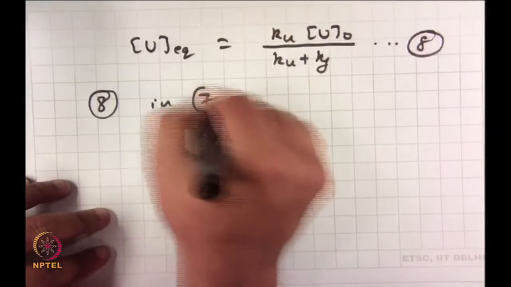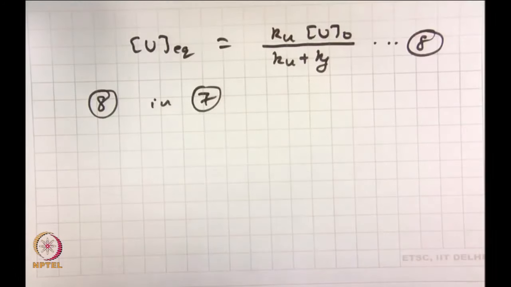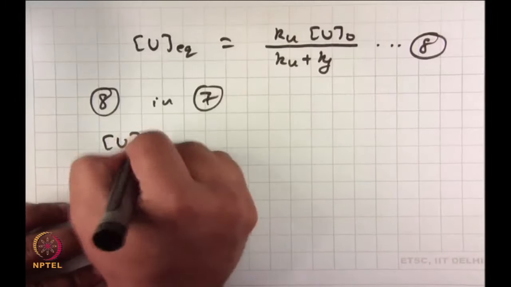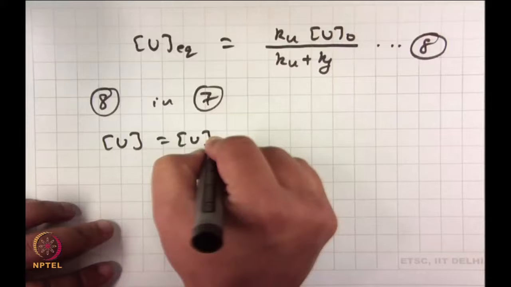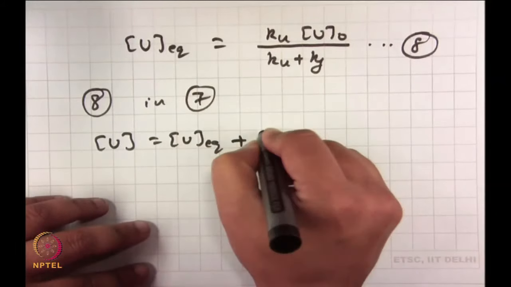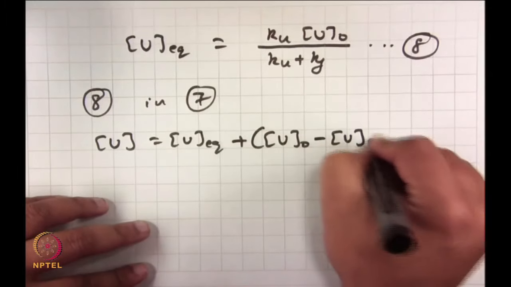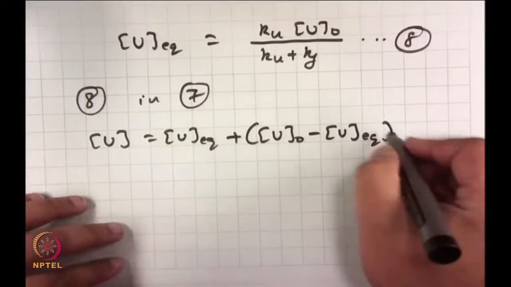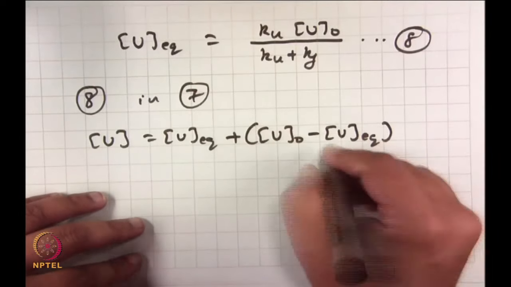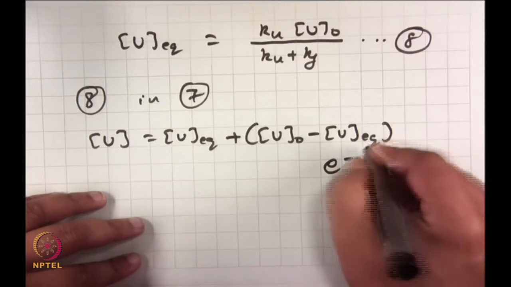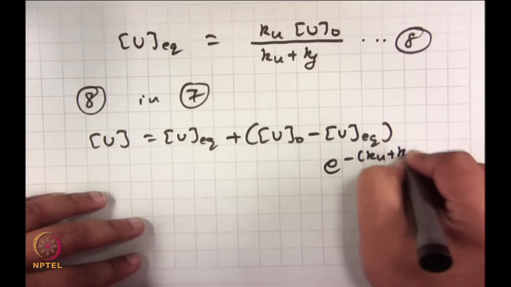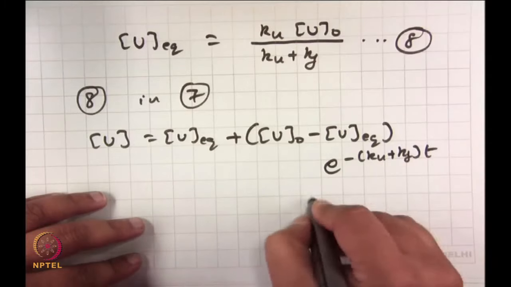in 7, do some algebra, and finally what you will get is, I will give you the equation. The equation will look like this: concentration of u is equal to concentration of u equilibrium plus, in brackets, u naught minus u equilibrium, this bracket times e to the power minus (k u plus k f) t, and let this be number 9.